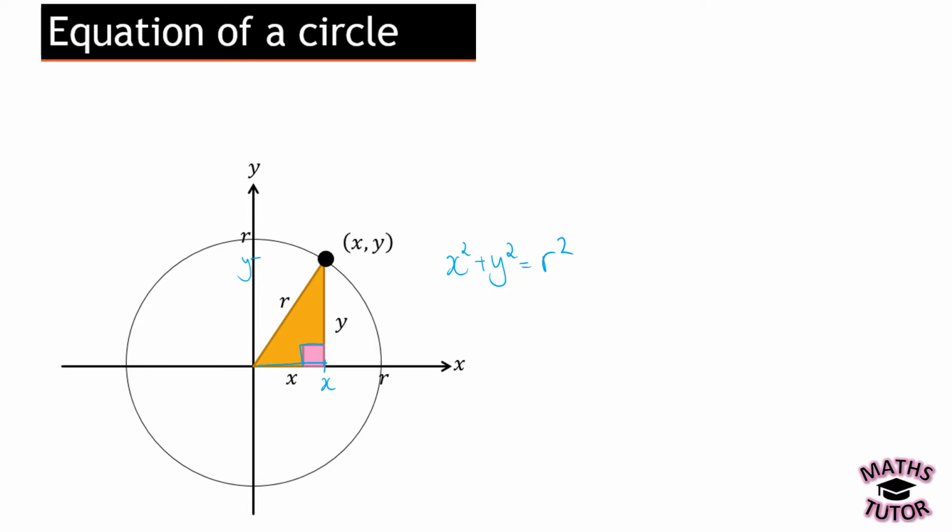Now you can make (x, y) coordinates anywhere around the circle, and if we draw a line to them, all the lengths from the centre are all going to be r in length.